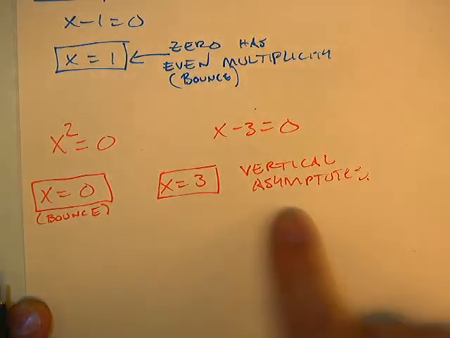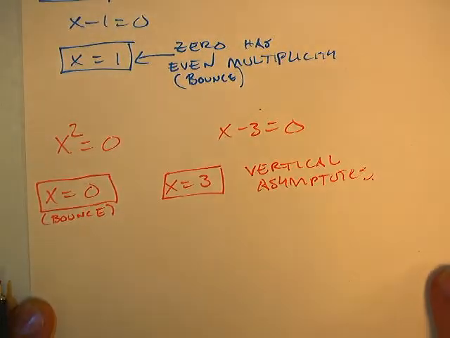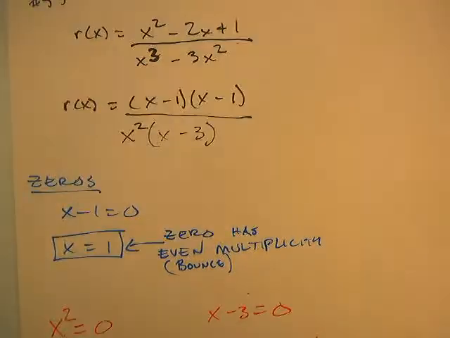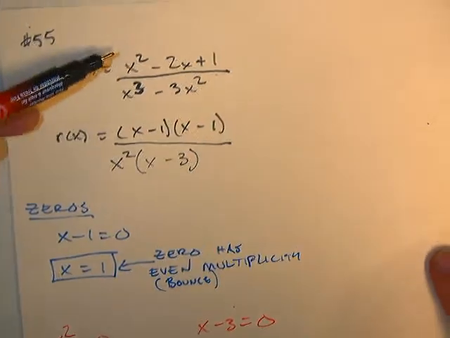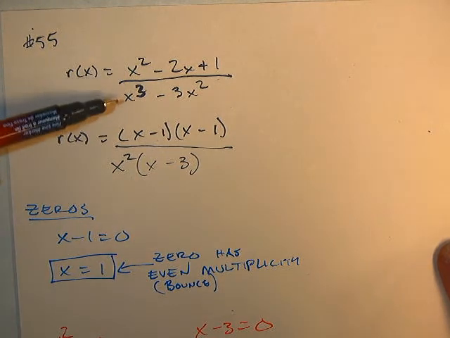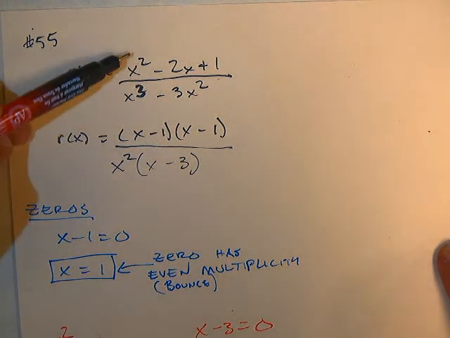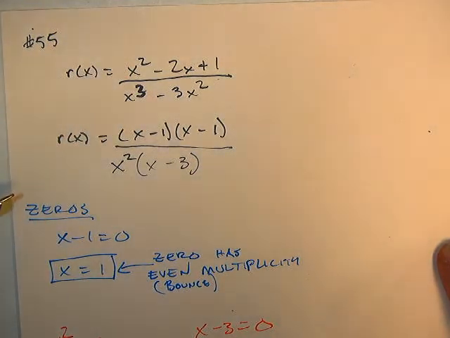All right, so I have my zeros, I have my vertical asymptotes. I can now figure out what my horizontal asymptote is going to look like. And if I notice in my fully expanded form, the standard form of this rational function, I have a degree of 2 in the numerator and a degree of 3 in the denominator.